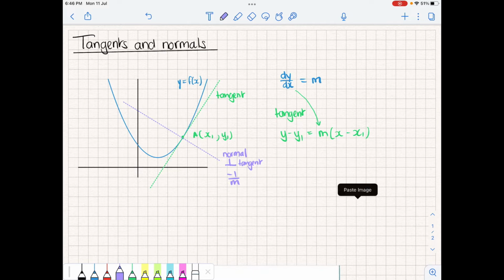Now, for a normal, the straight line equation would be y minus y1 equal to, but we need to change the gradient. This is the perpendicular line, so its gradient would be -1 over m, times (x minus x1). So here we have two equations that we should memorize when we're dealing with tangents and normals.